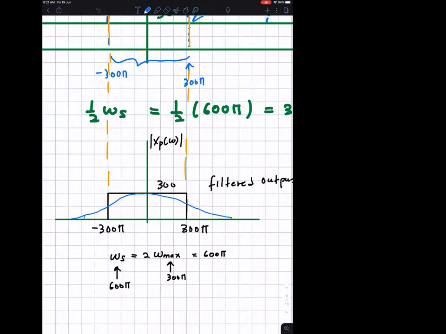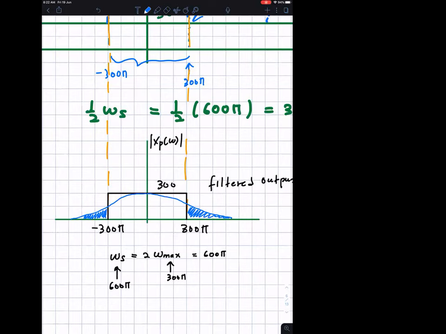So you can see the filter is not completely cutting off what it wants. There's some spillover here, so it is going to include some distortion from outside the bandwidth. So that's the ideal filter.